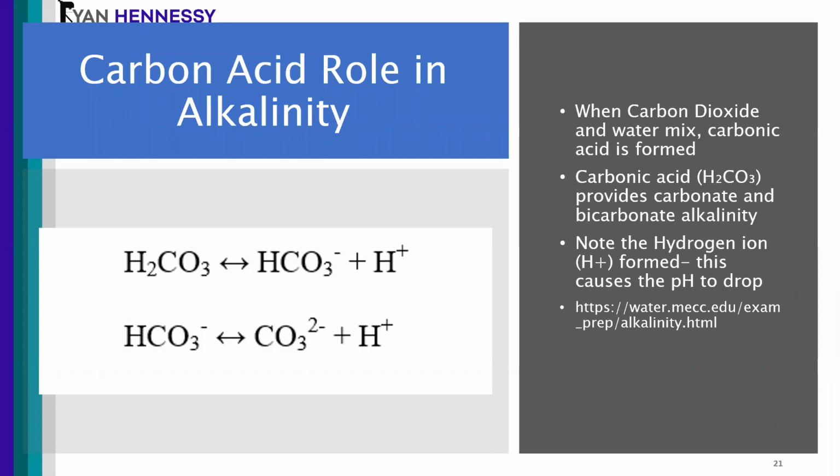When carbon dioxide and water mix, they form carbonic acid. Carbonic acid provides carbonate and bicarbonate alkalinity. The hydrogen ion formed would cause the pH to drop. So carbon dioxide has the ability to decrease the pH without necessarily impacting the alkalinity.